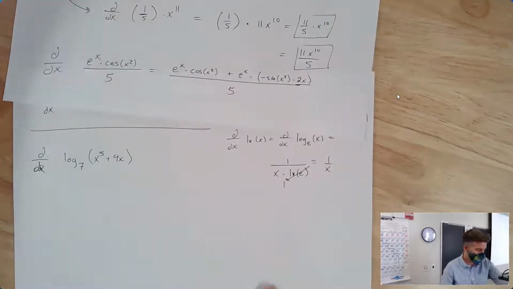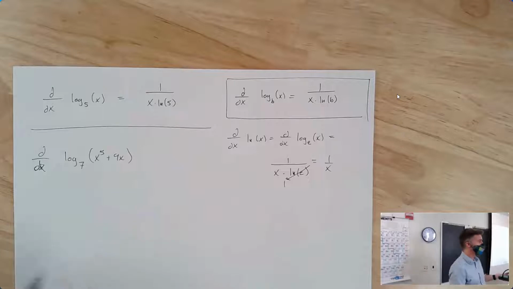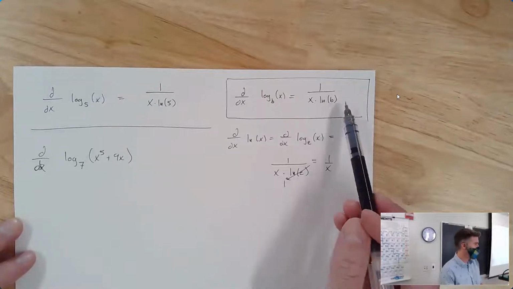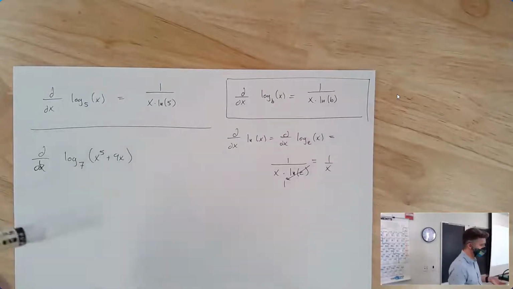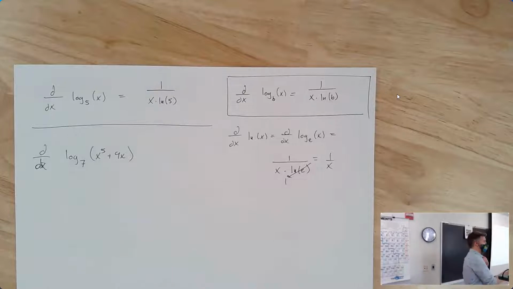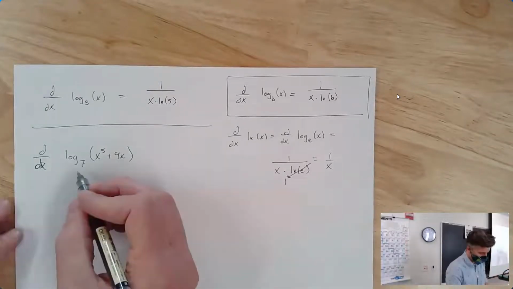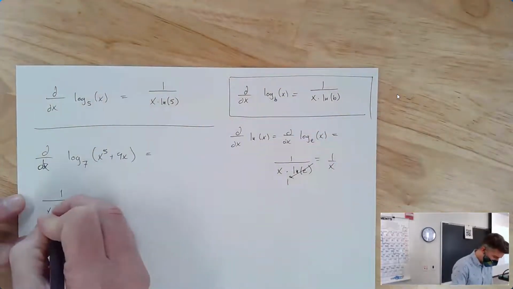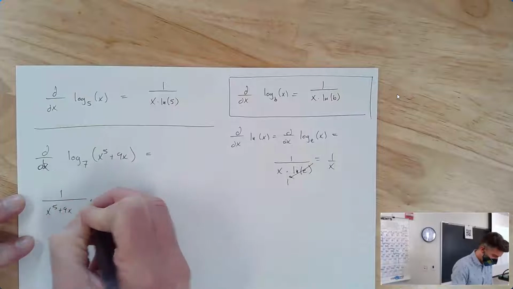So here's the way I typically think about bases other than e. I know that when my base is not e, I'm going to end up dividing by the natural log of that base. Other than that, the rule is kind of the same. So I know the derivative of the natural log of some stuff is 1 over the stuff times the derivative of the stuff. I know the derivative of the log base 7 of some stuff is going to be 1 over the stuff times the derivative of the stuff.